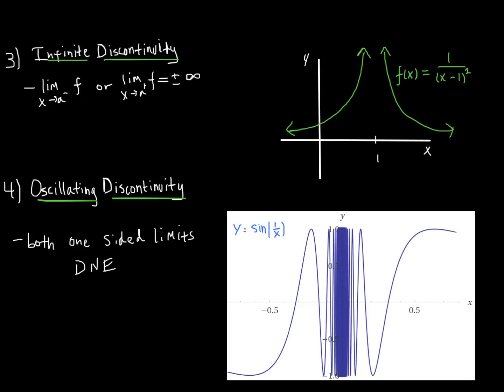What is happening here is that both one-sided limits don't in fact exist, because it appears that from each side you're approaching different values at the same time. As weird as that sounds, you can kind of see that from the graph, right? It's almost as if you're approaching 1 and -1 at the same time. And obviously that makes it impossible to define the limits. So both one-sided limits do not exist for this function as x approaches 0, and so obviously the function is not continuous at x equals 0.